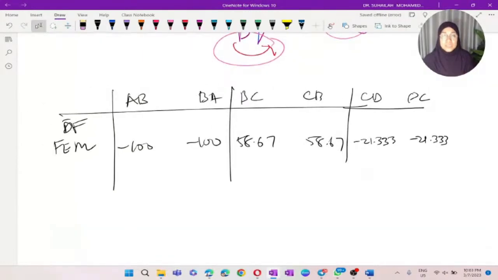So these are the FEM values due to sidesway.